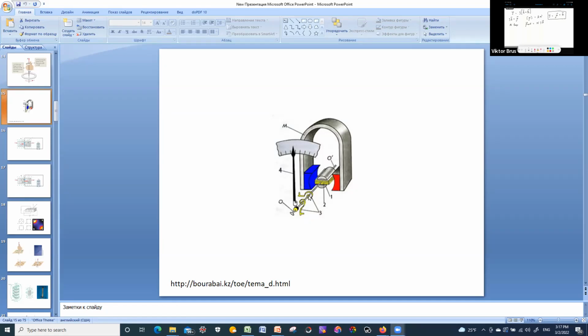So it will compensate the torque provided by these springs and will cause some deflection of this arrow. Obviously the degree of this deflection, the angle of deflection, will be defined by the magnitude of electric current which flows through this current loop.